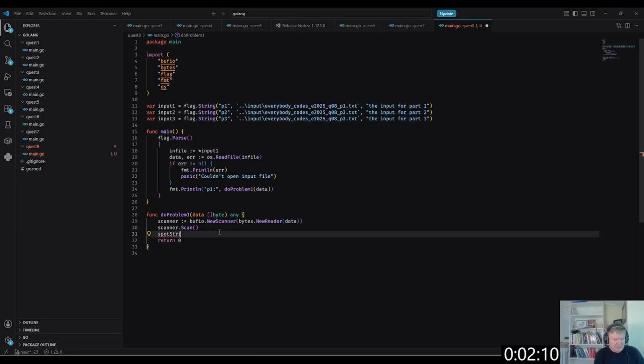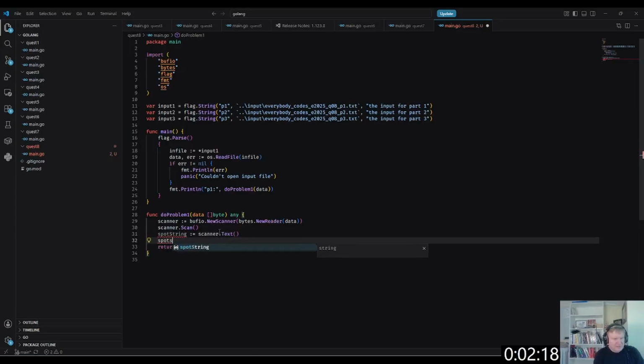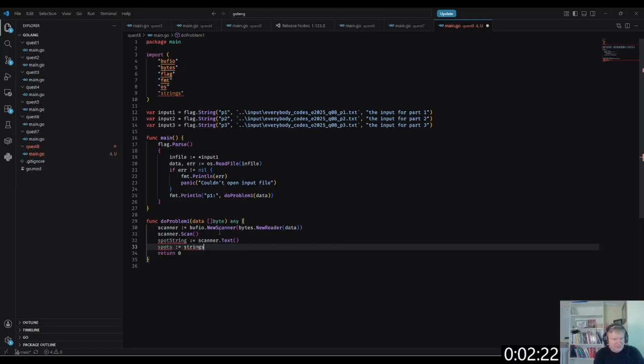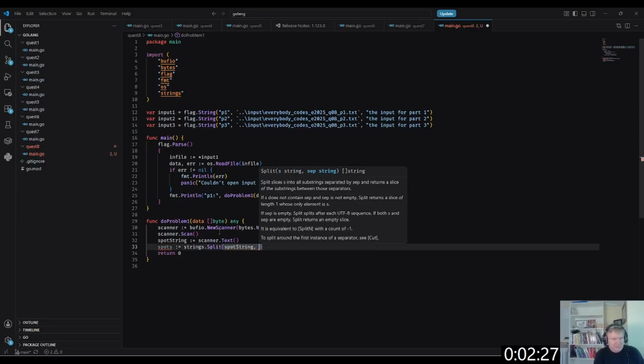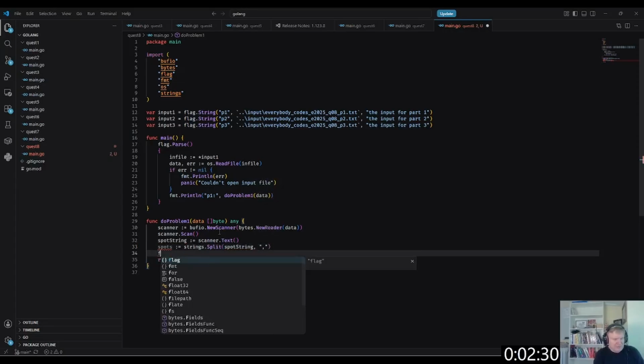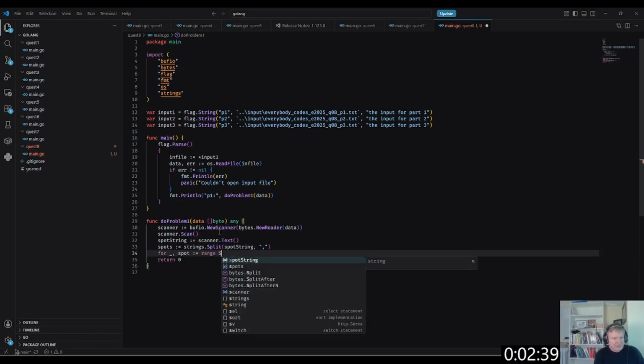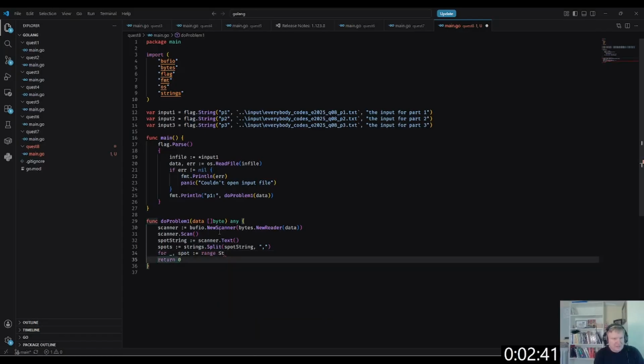Spot string, scanner.text, strings.split spot string comma, for underscore comma spot range spots.